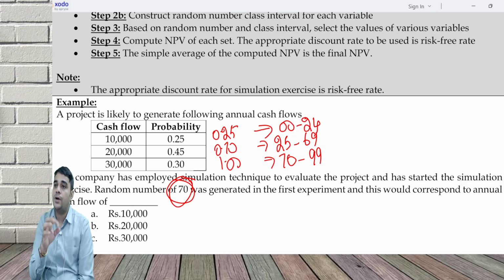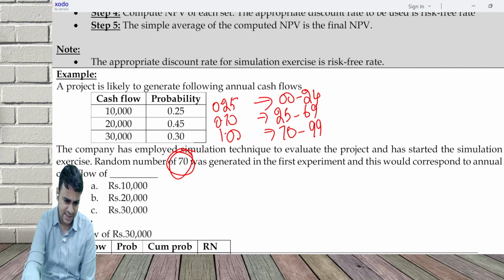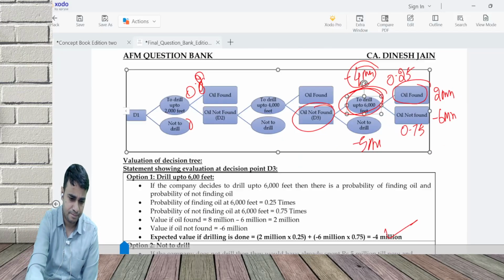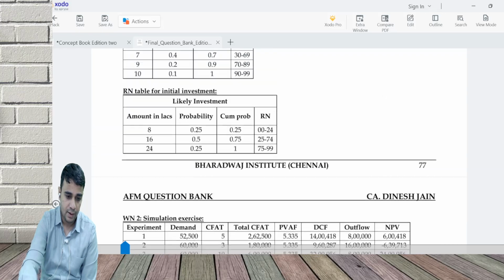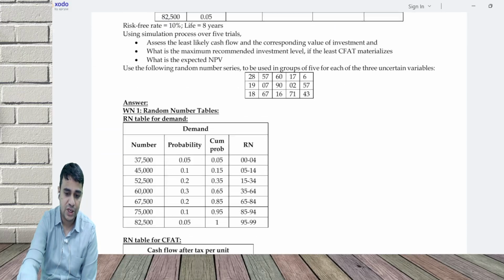I will not be focusing on calculating NPV. I'll only be focusing on understanding this random number table and completing our experiment. We need to identify what will change and what will not change. There are certain items which will not change. No random numbers for them. Let's see this in a question now. 62 you will do at home.